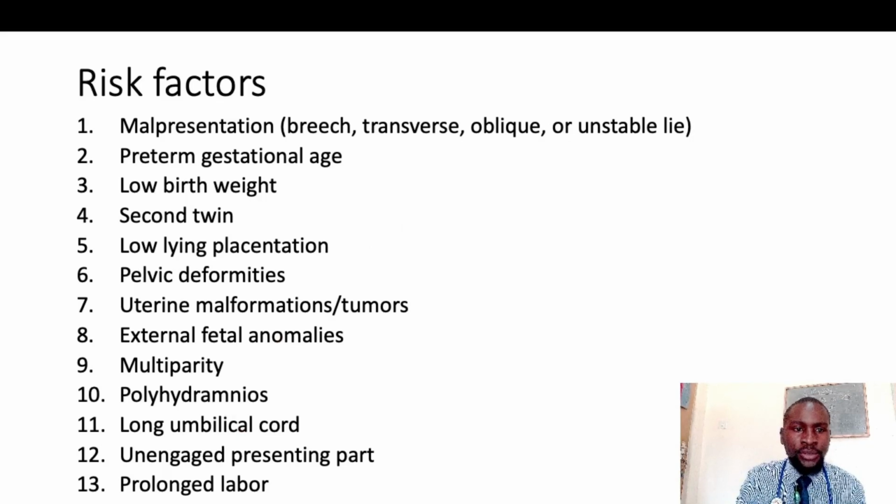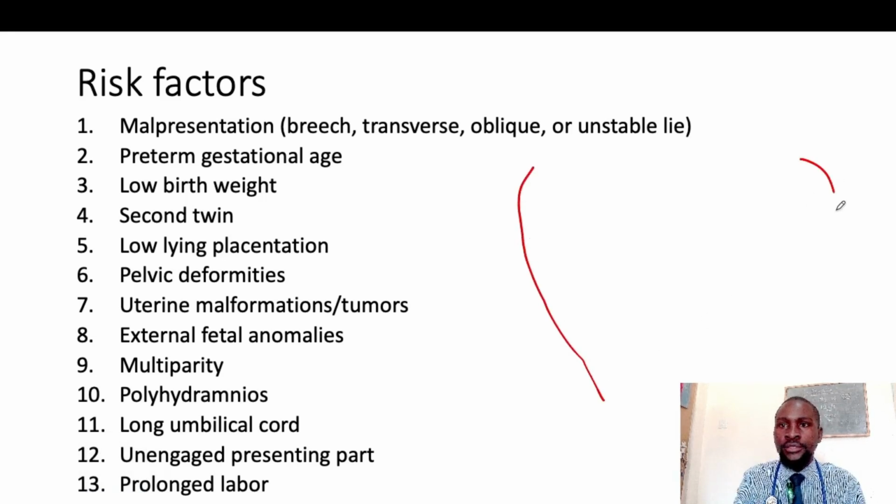What am I talking about? Let me just show you what I'm talking about. Let me just draw it right here. So what do I mean? If this is the woman, and I'll do this to show you, this is the pelvis.